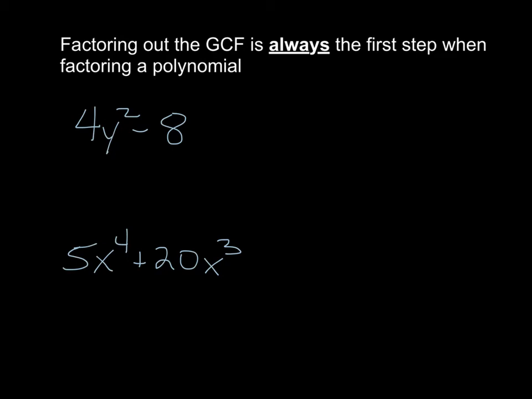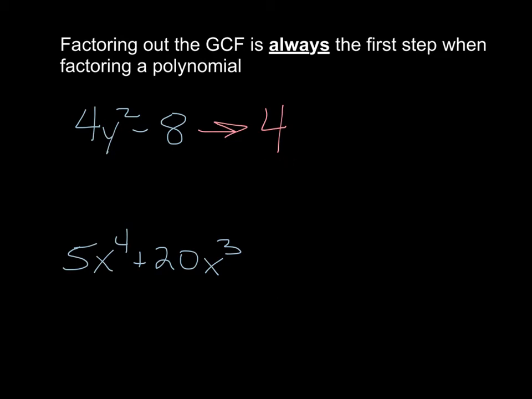So we're looking at 4y squared minus 8. Okay, and we're saying to ourselves, what's the biggest number that will go into both 4 and 8? Okay, and you should think of a 4. Now, again, this is not your answer. That is the greatest common factor, but your answer needs to be something that when you multiply all the factors that you found together, you better get the original expression.